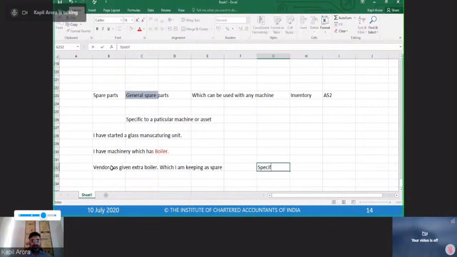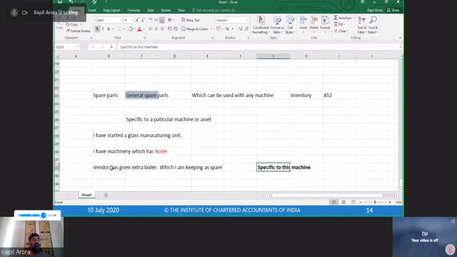So this boiler which I have as a spare is specific to this machine. Now, if it is specific to this machine, I am not going to consume it in a period. It is going to stay with me for more than 12 months, and it is held for the purpose.